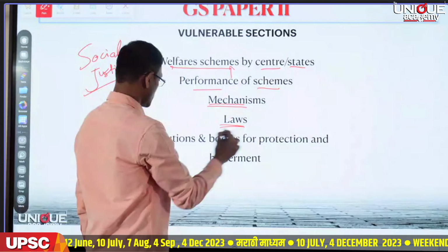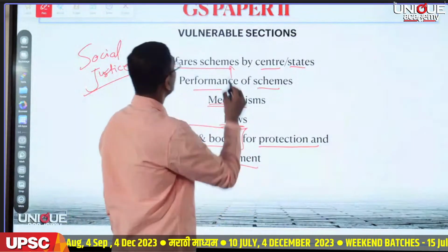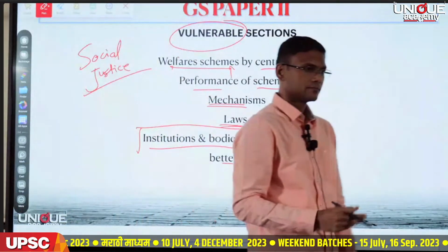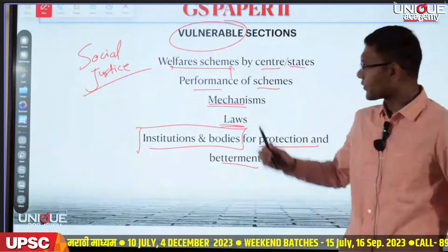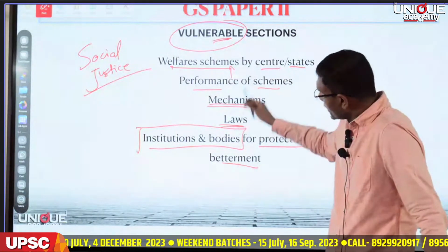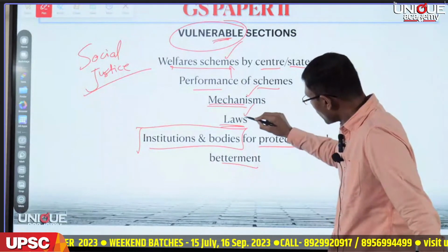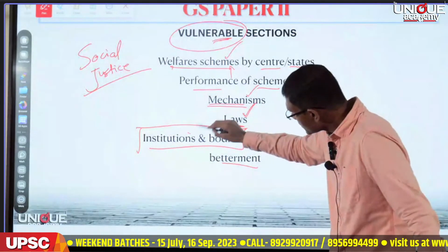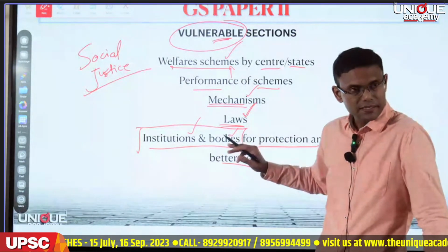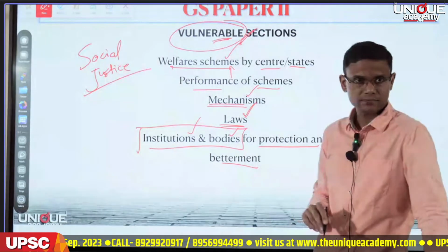Mechanisms, laws, institutions and bodies for protection and betterment of vulnerable sections. So you have schemes of the central government, some mechanisms, some laws protecting vulnerable sections, some institutions and bodies. This system has been created to protect vulnerable sections.